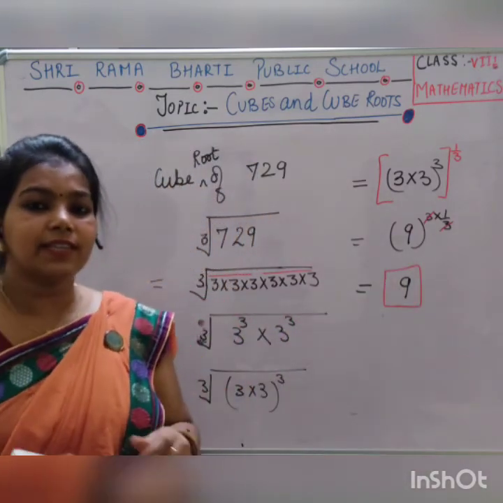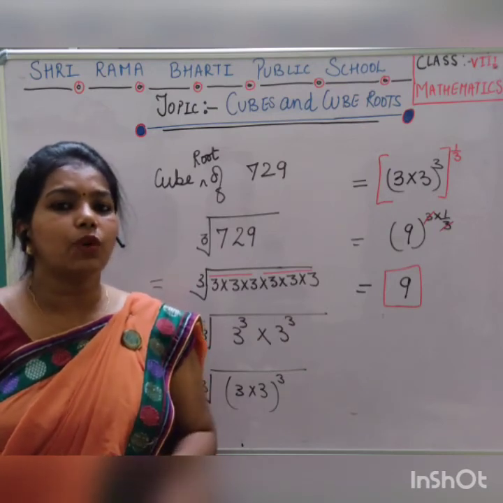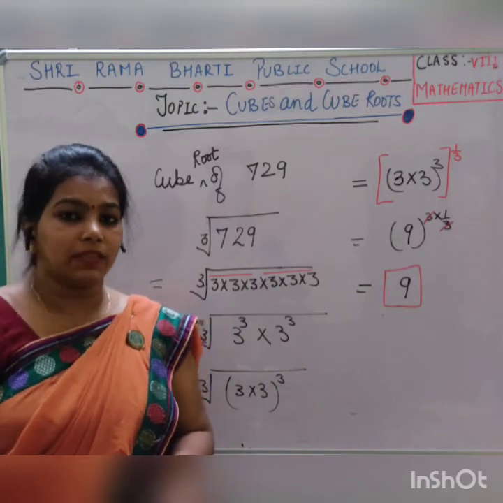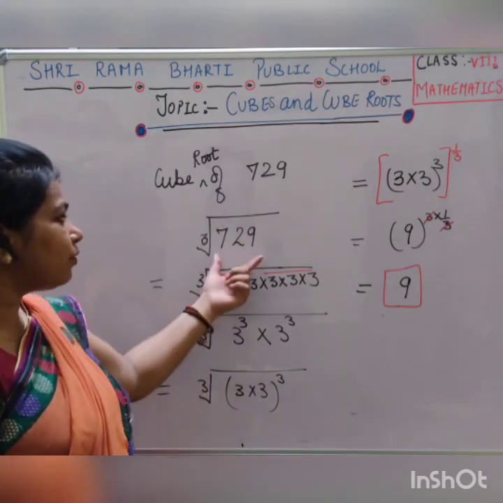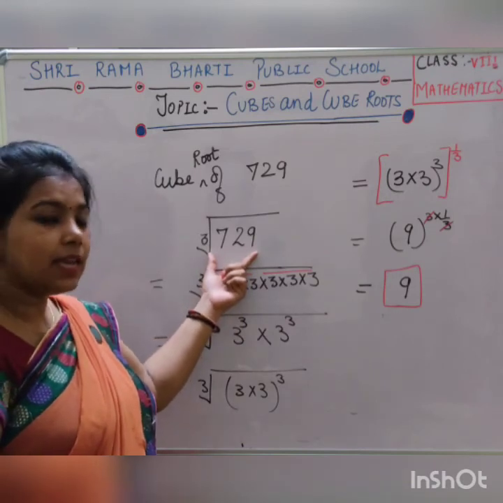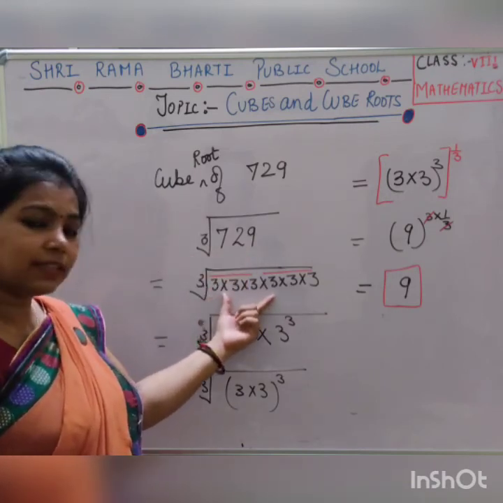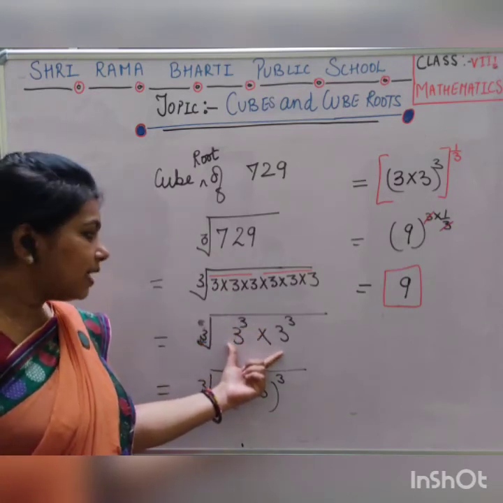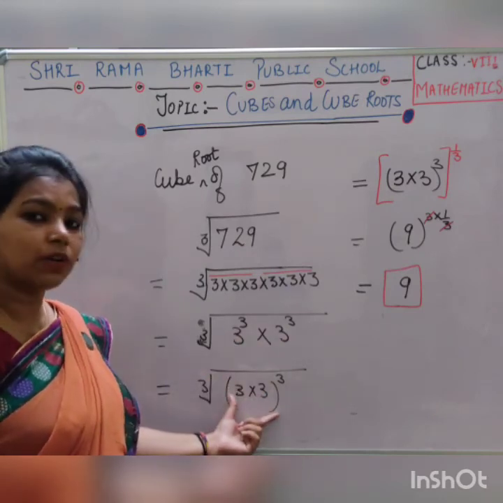So here we have seen how we are able to find the cube root of any number by using the prime factorization method. We have to follow the same steps. First of all, we write the number under the cube root symbol. Then we factorize it. Then we form its triplets. Then, if it is possible, we take the power common.